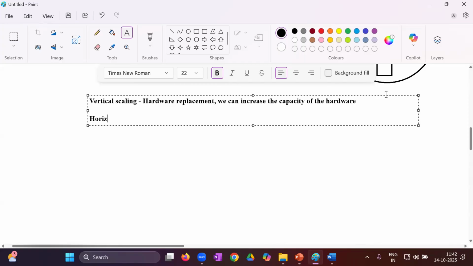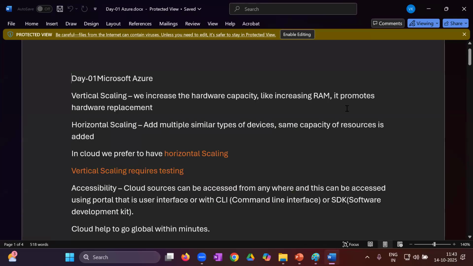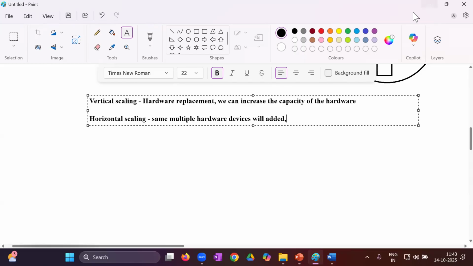Horizontal scaling: add on. Multiple hardware devices will be added. So we can say adding multiple similar types of devices.